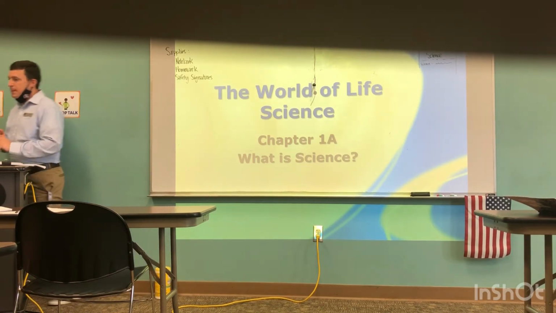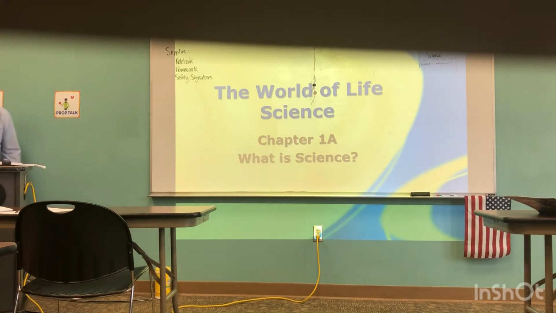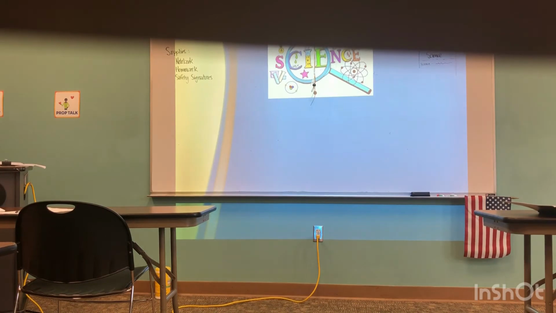All right. So let's get things rolling here. The first thing we're going to do is write in a definition for science. Now, I believe that was the first question in your homework, wasn't it? So we're going to make sure this is in our notes because this is important. Science is what we're learning all year. Science is knowledge.